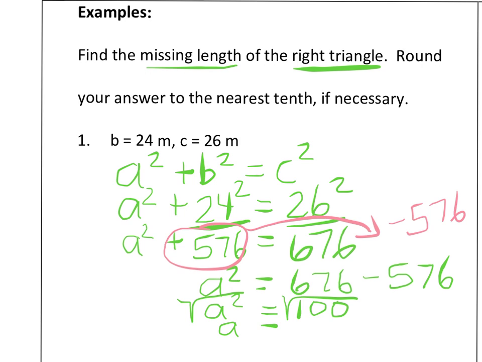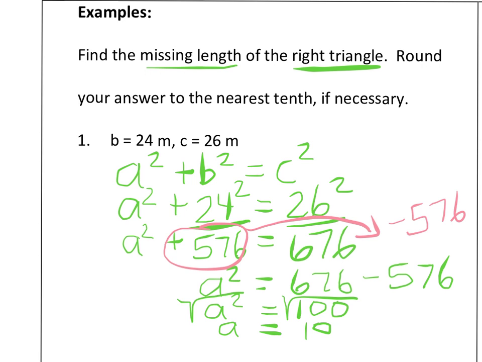And this time the square root of 100 is a perfect square, so the answer is exactly 10. That's a rational number when we have a perfect square. If you remember, way back at the beginning of the year, we talked about rational and irrational numbers. So the square root of 100 is a rational number because it turns out to be exactly 10.